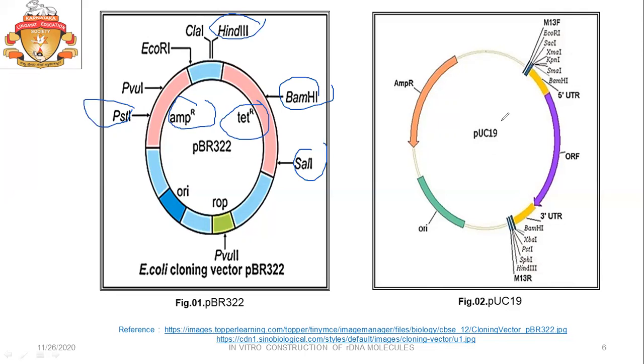This plasmid has an ampicillin antibiotic resistance site, and it also has an origin of replication. It has unique restriction cloning sites like BamHI, HindIII, and it also has an EcoRI site. So this is about pUC19.